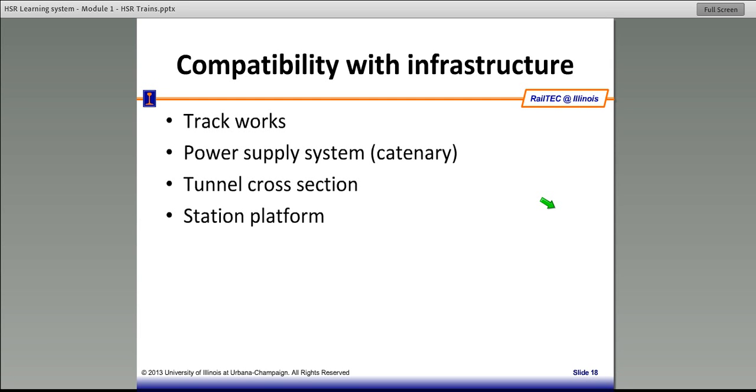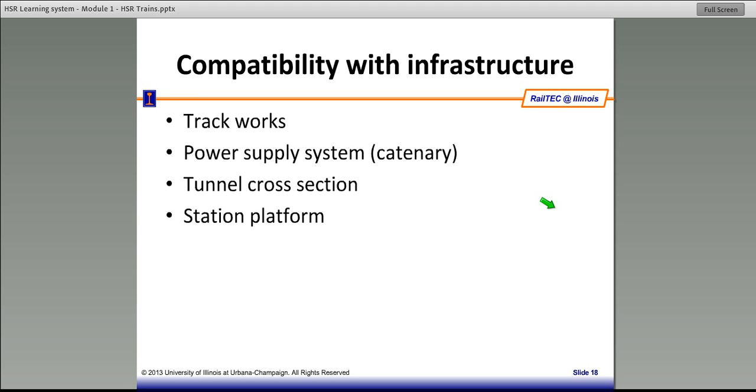You have to consider your power supply system, and your tunnel cross section. So you want to design your train with a slim shape so that the aerodynamic effect created inside the tunnel will not be too much and block the train. Okay, so these are some of the considerations.